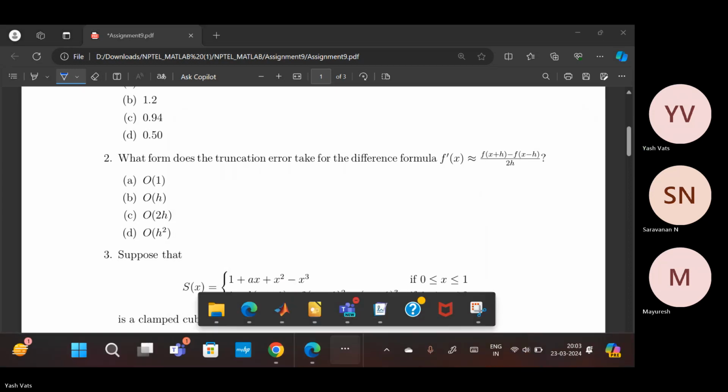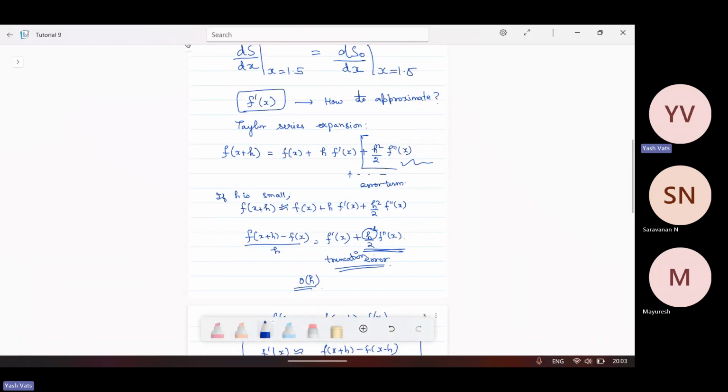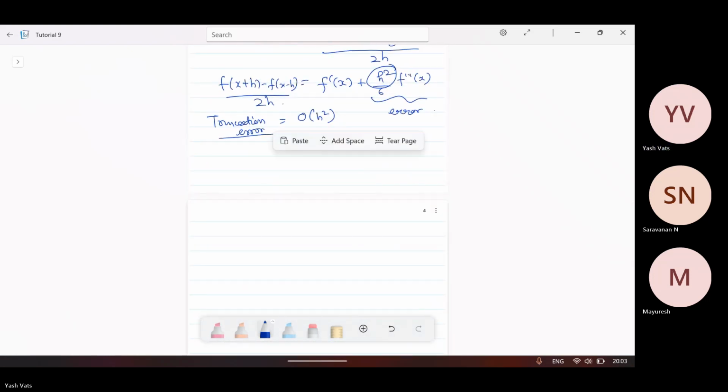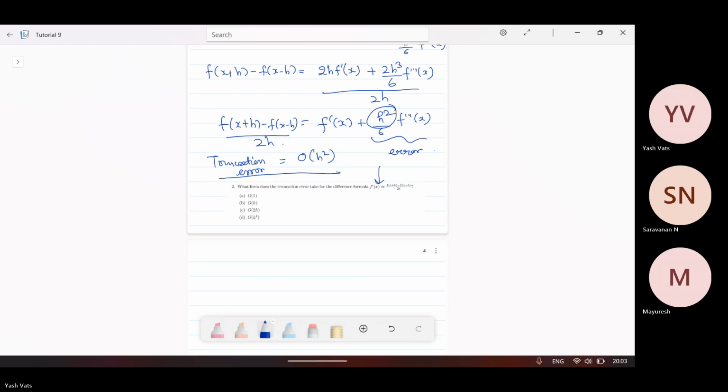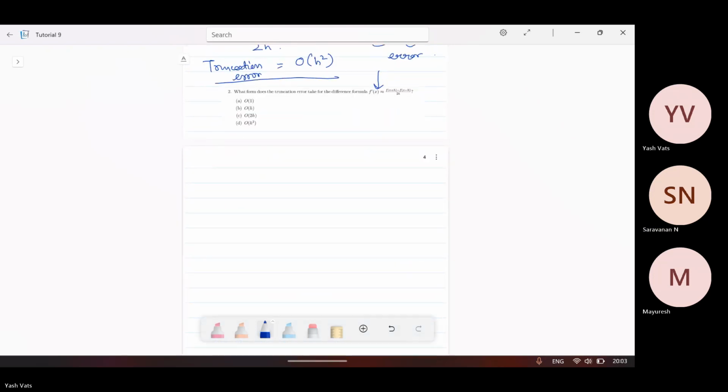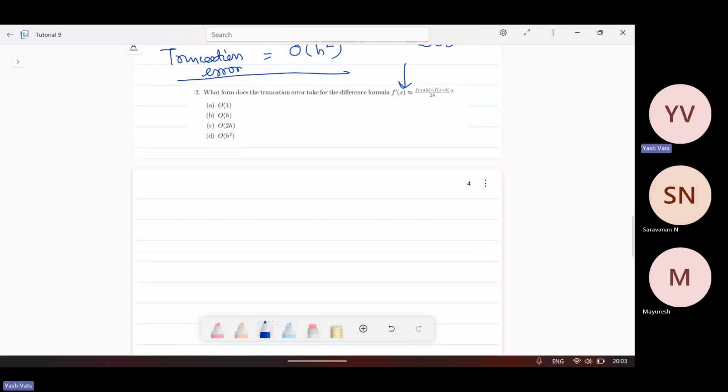Okay, where should I copy it? There's no space. You can see from here, maybe. So is this type of question maybe in the assignment? Can try.